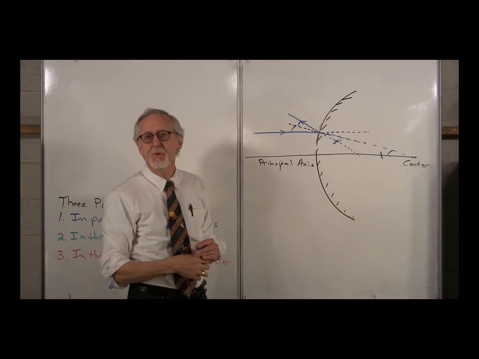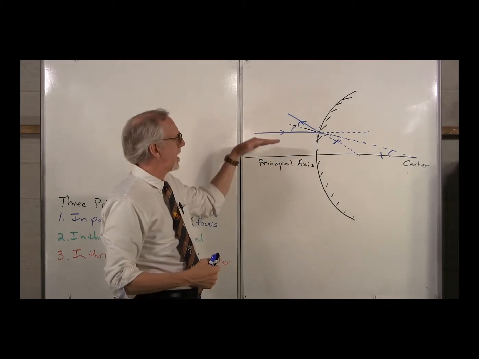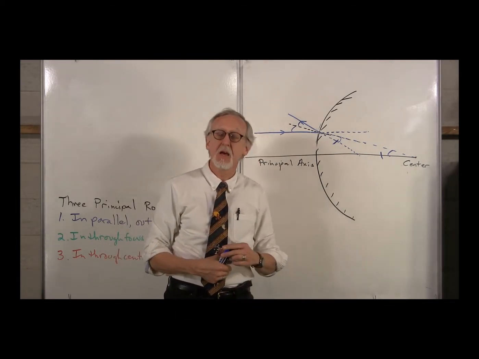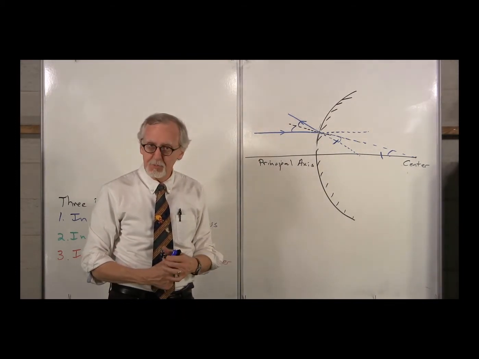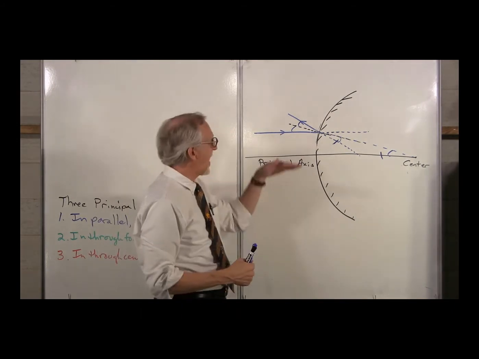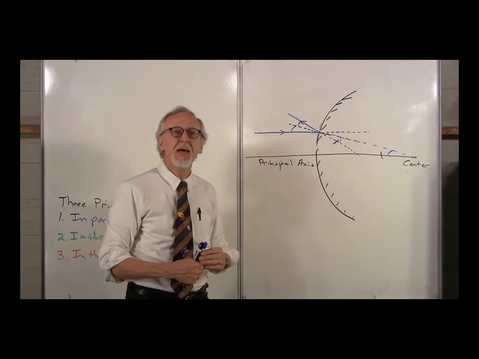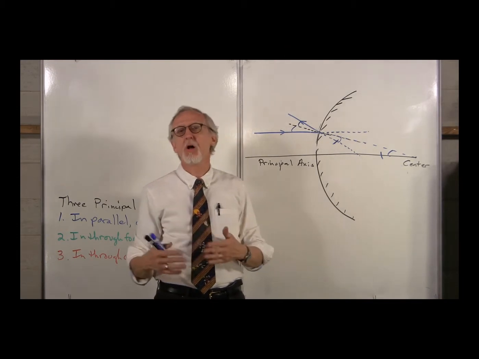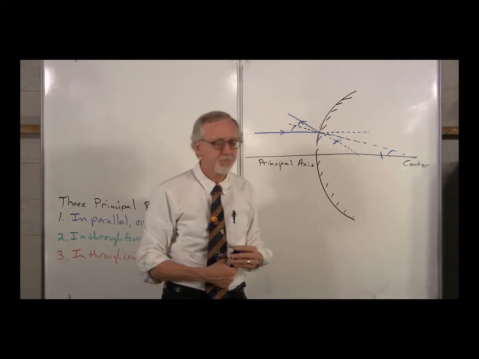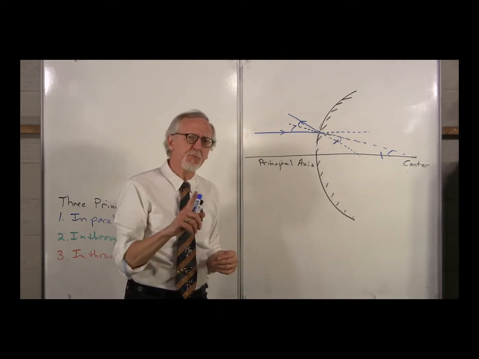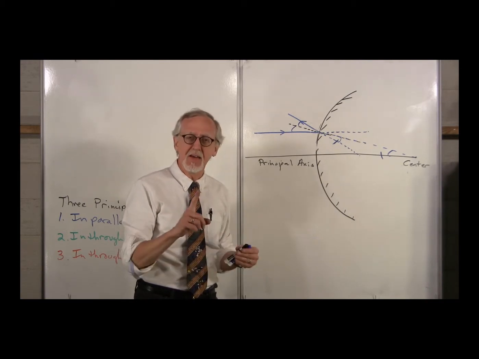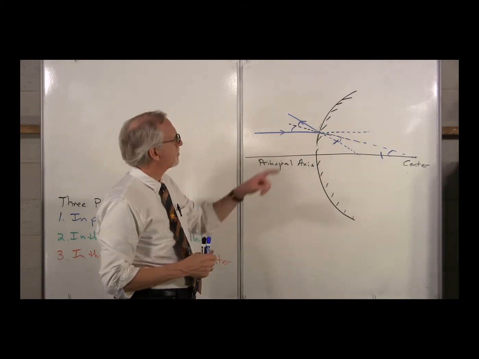Again, we're going to make an approximation that the incoming ray is close to the principal axis. What does that mean, close to the principal axis? It means that the distance between the ray and the principal axis is small compared to the radius of the mirror. And just before we end, we'll take a look at that approximation in just a minute.